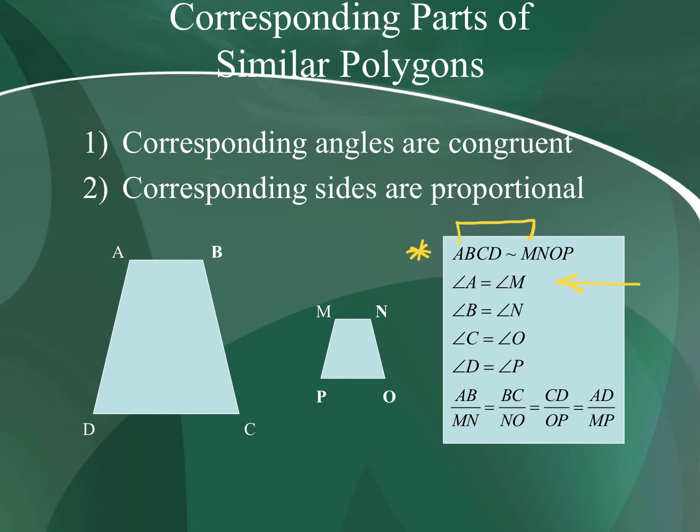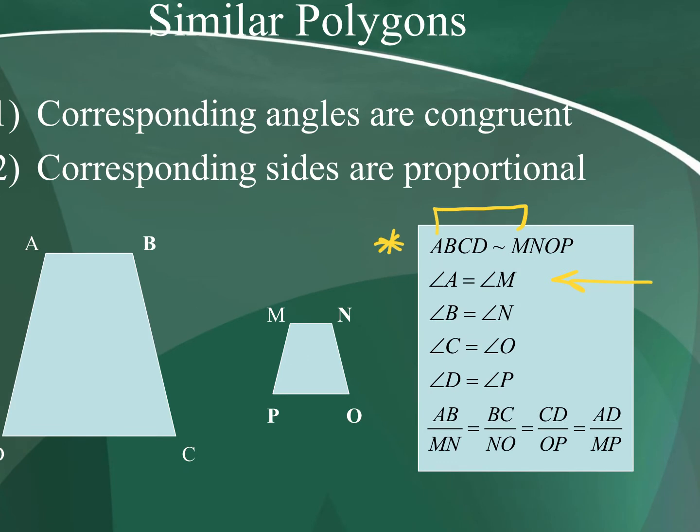Angle A is congruent, and let me add a little wave here, is congruent to angle M. Now, the symbol for similar is just the wave, just the little wiggle that's on top of the congruency symbol. This is the symbol for similar.